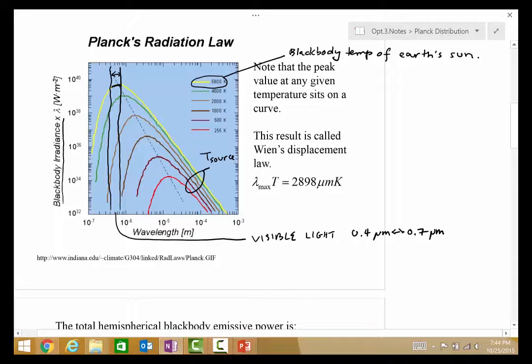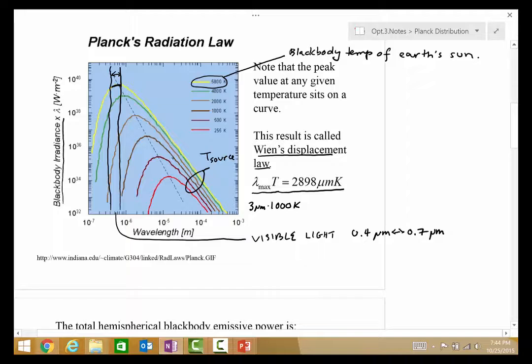in our solar system. In general, the peak value at any given temperature sits on a particular curve, which is called Wien's Displacement Law. Wien's Displacement Law says that lambda max times temperature is about 3,000 micrometer Kelvin. So it's 2898 micrometer Kelvin. This tells you that if you have, for example, a 1,000 Kelvin source, the maximum in lambda is about 3 micrometer. So let's see if we can find 1,000.